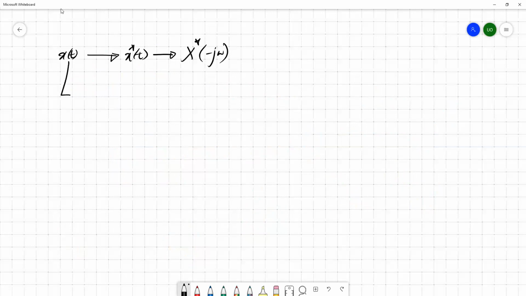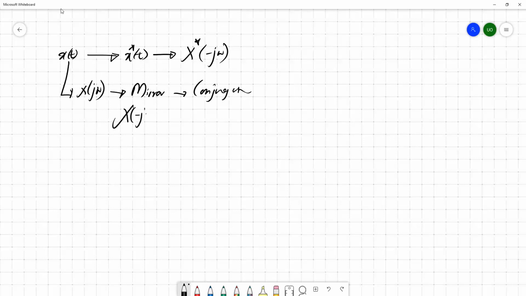So you take this Fourier transform X(jω), then take the mirror, then the conjugate. First take the mirror, so then it becomes X(-jω). Then if you take the conjugate, it becomes X conjugate of minus jω.